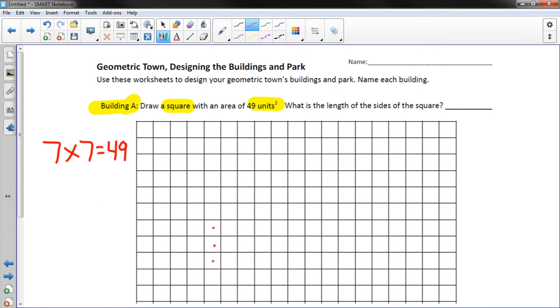Let's see. 1, 2, 3, 4, 5, 6, 7. And along the bottom, 1, 2, 3, 4, 5, 6, 7. So this square has an area of 49 units.